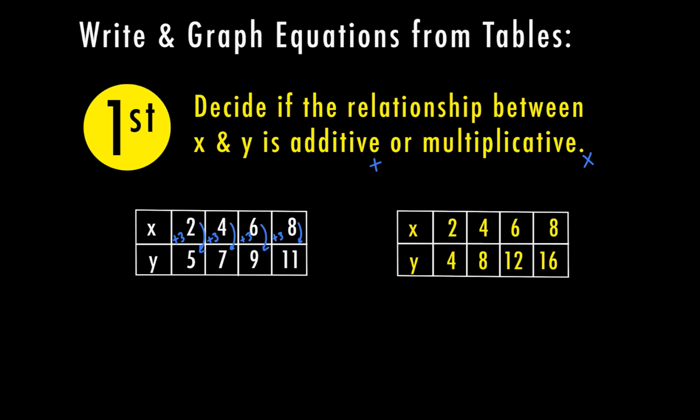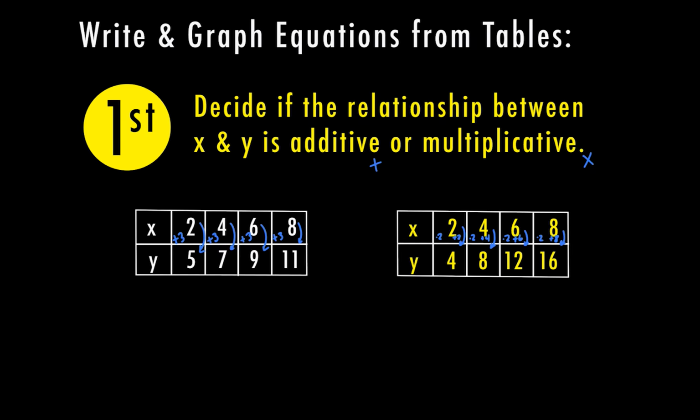For our second table, I want to also find my relationship between my x and my y. So again, I'm looking at how I can get from one to the other. Now this one, 2 goes into 4 by multiplying by 2 or adding 2. 4 goes into 8 by multiplying by 2 or adding 4. 6 goes into 12 if I multiply by 2 or add 6, and 8 goes into 16 if I multiply by 2 or add 8.